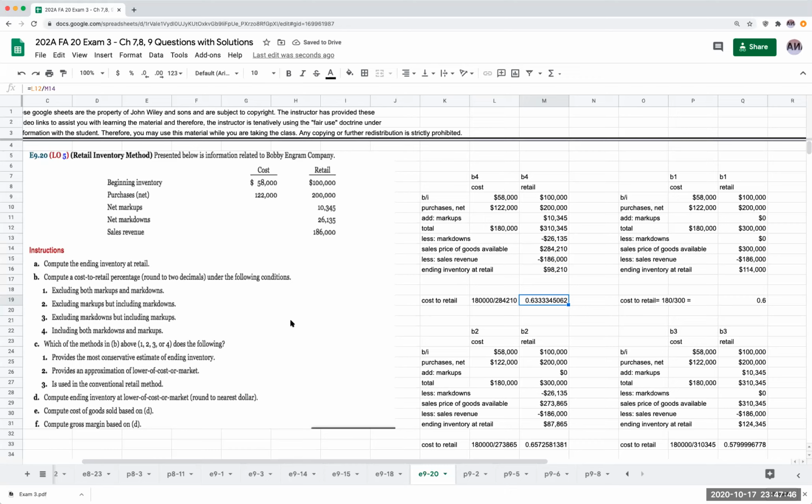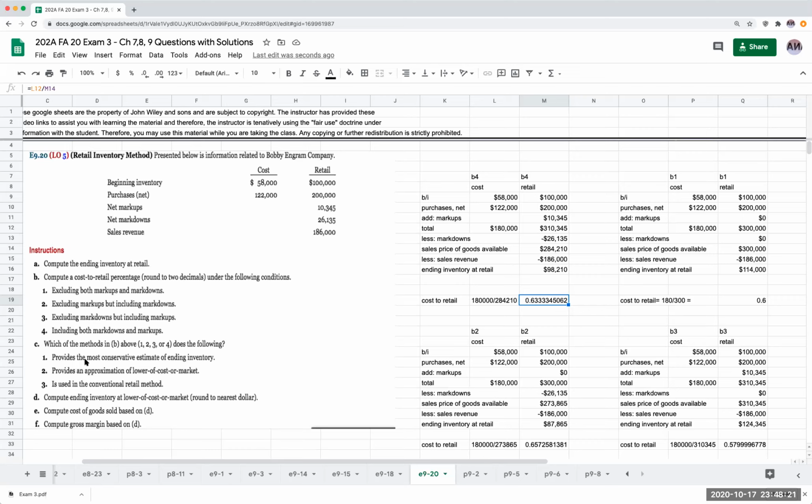Okay. So which of the methods in B above, 1, 2, 3, or 4, provides the most conservative estimate of ending inventory? Which is going to give us the most conservative estimate of ending inventory? This one here is showing method 3.